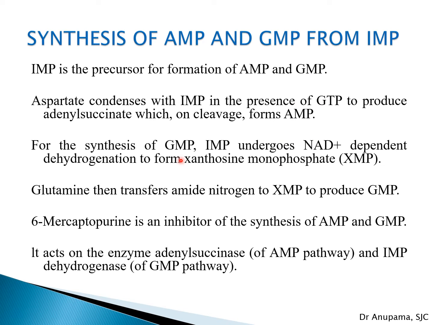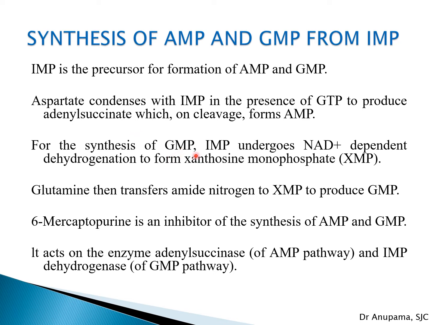Synthesis of AMP and GMP from IMP. Inosine monophosphate is the precursor for the formation of AMP and GMP. Aspartate condenses with the IMP in the presence of GTP to produce adenylosuccinate, which on cleavage forms AMP.